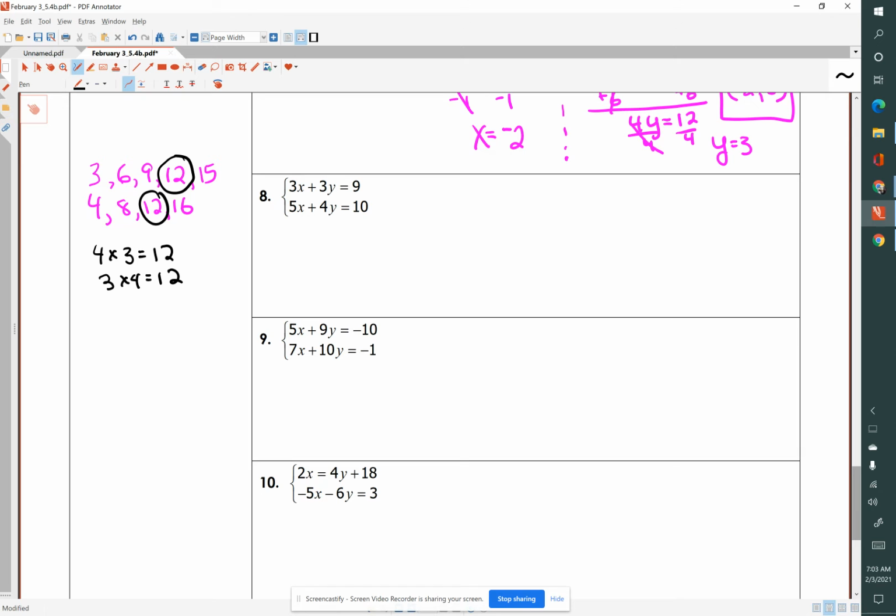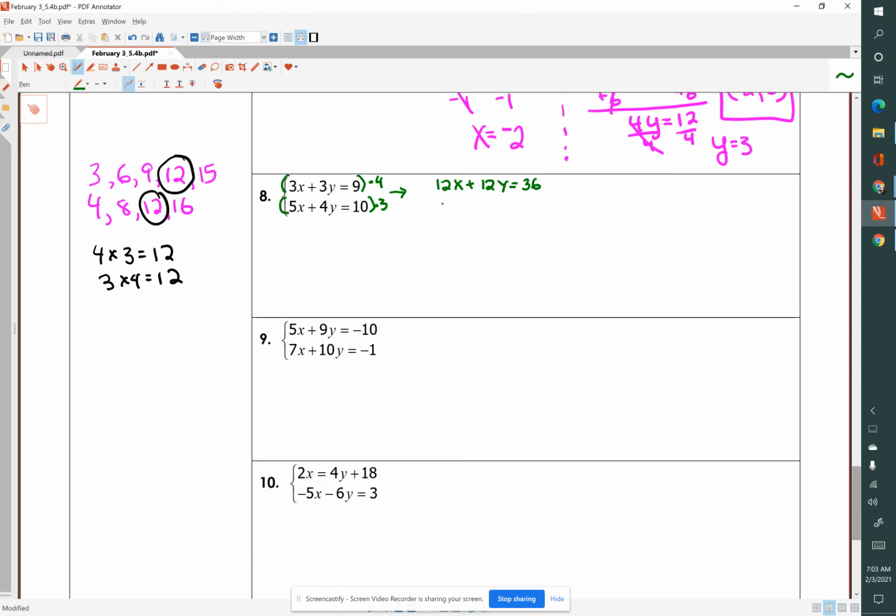So in order to do that, I will need to, let's use the green today, multiply the top equation by 4 and multiply the bottom equation by 3. And when I do that, this is what it looks like. So the top equation will become 12x plus 12y equals 36.